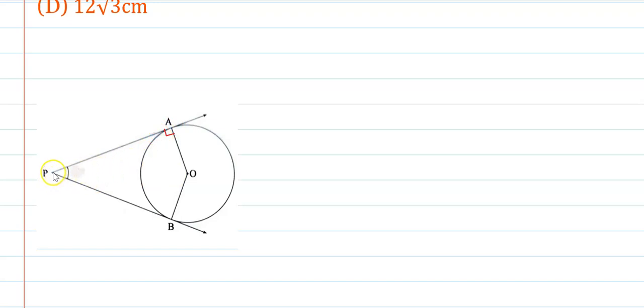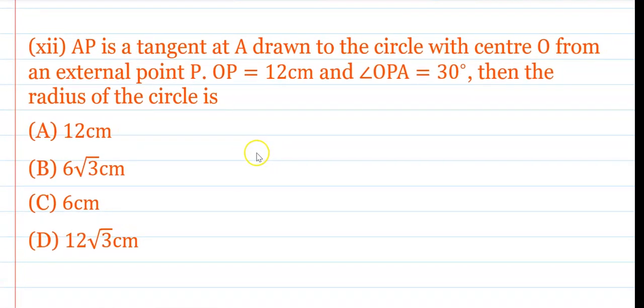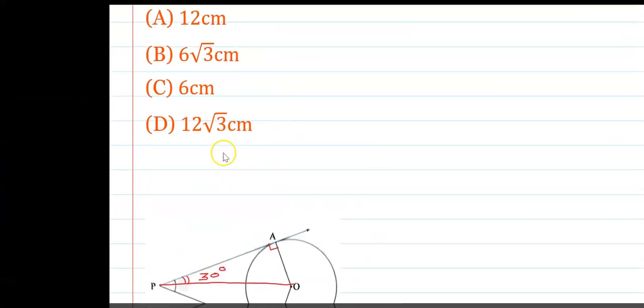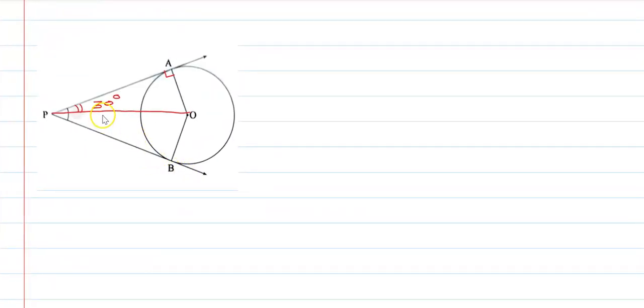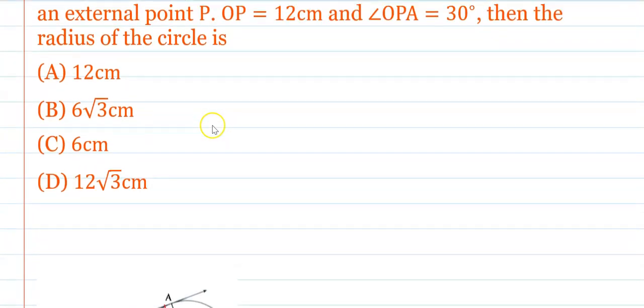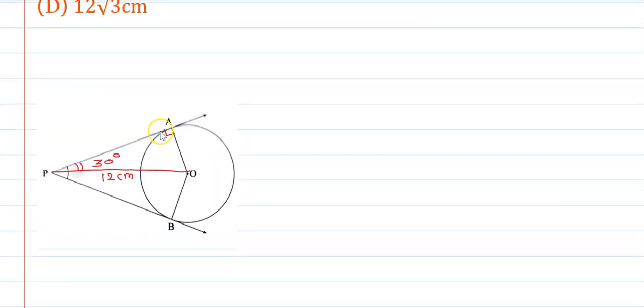If I join this, then the measure of angle OPA is equal to 30 degrees. Next, OP is equal to 12 centimeter. Then what is the radius of the circle?